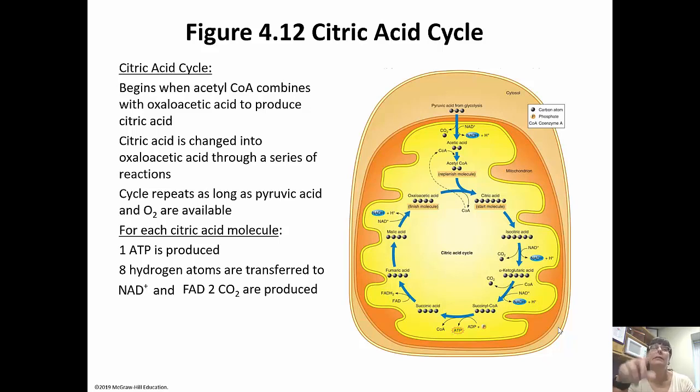But remember, this is for each molecule of pyruvic acid. So 2 go in. So the citric acid cycle actually turns twice for every glucose molecule, basically.